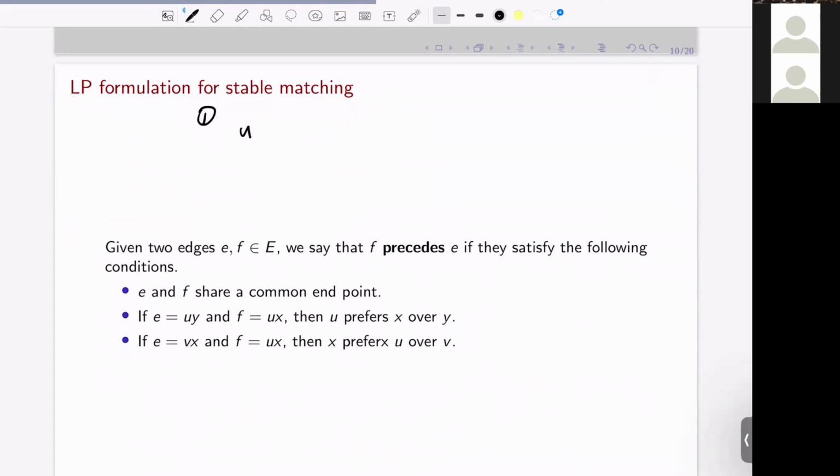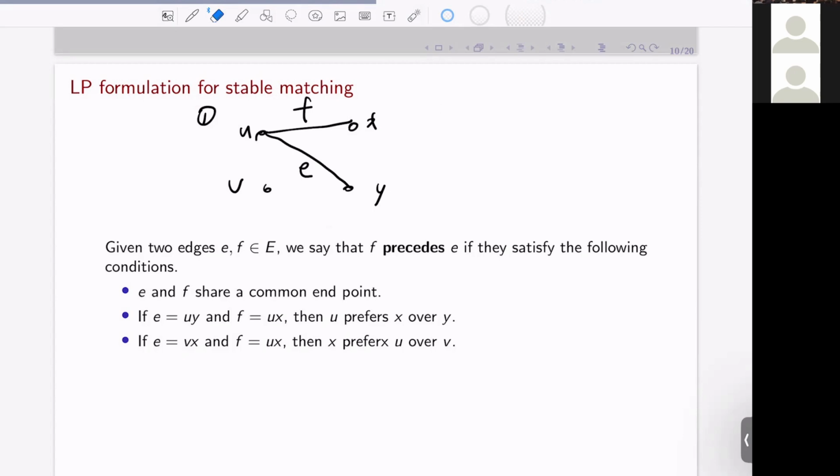Let's say there are U, V, X, and Y. E is UY and F is UX. So U prefers X over Y. And F is the connection UX and E is the connection UY. So for U, you would prefer the connection F more than the connection E.